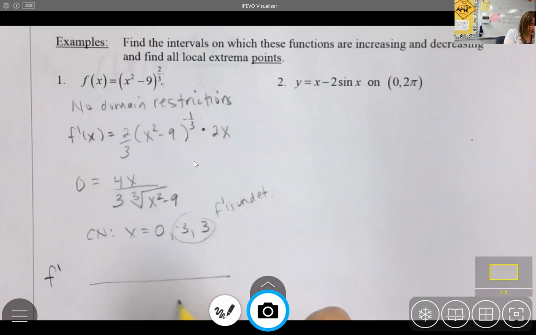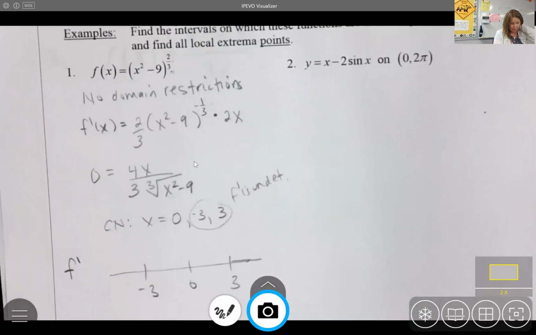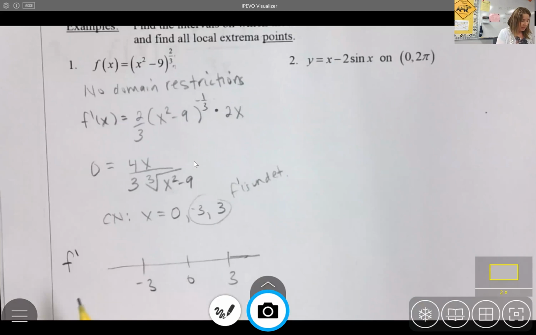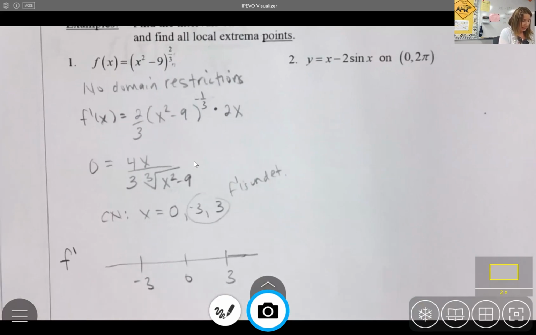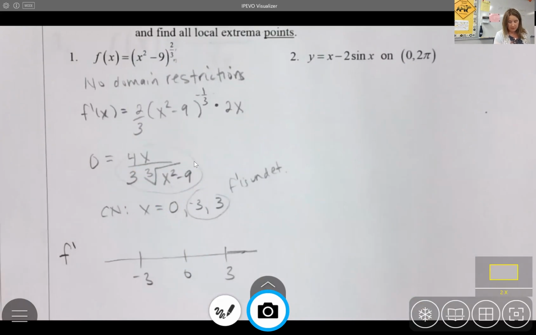So I've got -3, 0, and 3. Those are the restrictions. I have to remember this is an f prime number line, so when I do my sign chart, I'm looking at f prime, for the positives or the negatives. I can do my sign chart just like normal.